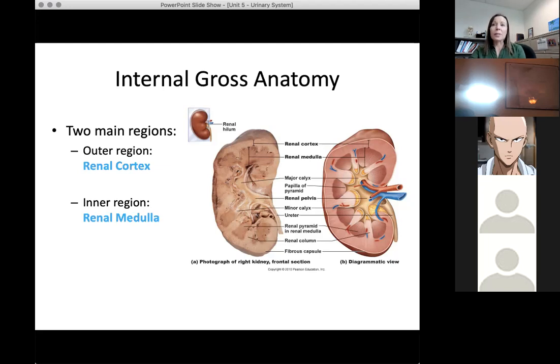The renal papilla is the opening at the end of each pyramid. So it's at the very tip of each pyramid. That's where the renal papilla is located.